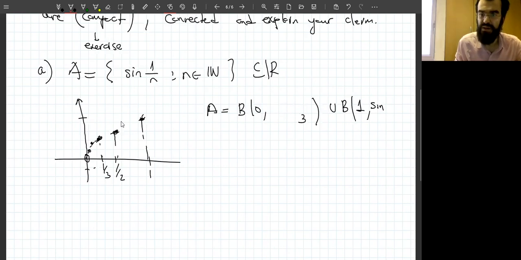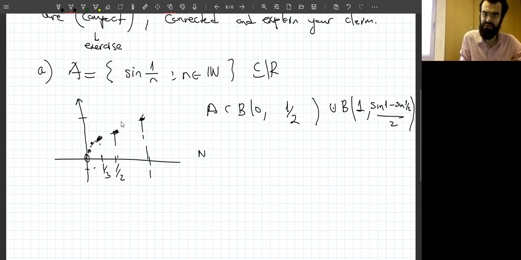Yes, sorry, 1 or 2 is enough. Here, note that these are disjoint sets, a subset of these disjoint open intervals. Note that sin(1/n) is less than or equal to sin(1/2).